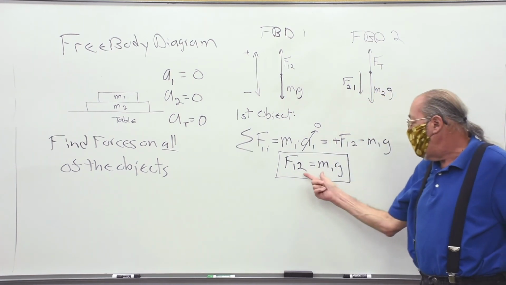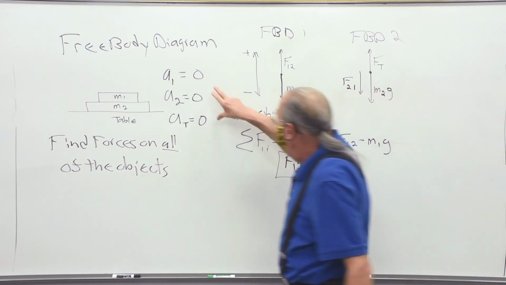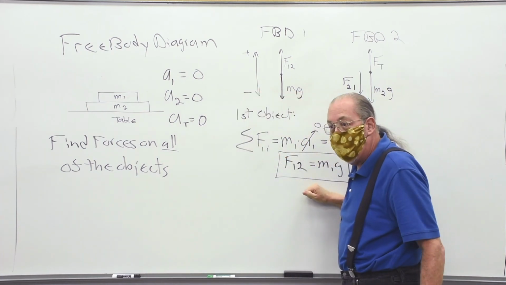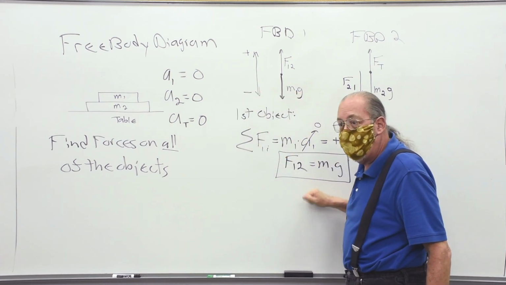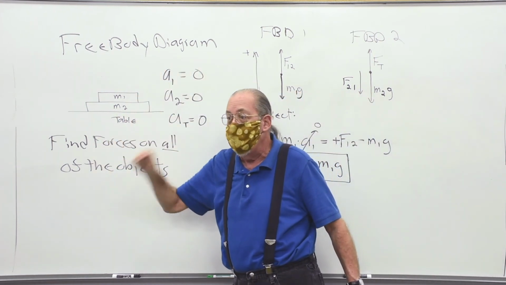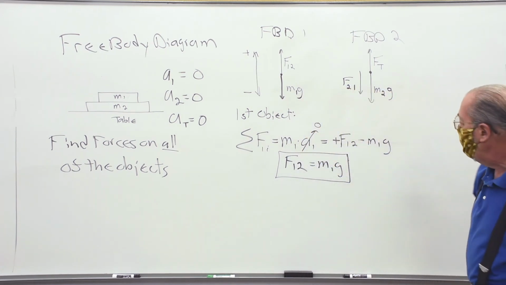Some people might have wanted to go right to this, but it turns out that if this were in an elevator accelerated, this would not be true. This is only true if everything is sitting still. So you got to be careful. Don't make assumptions. Prove everything.